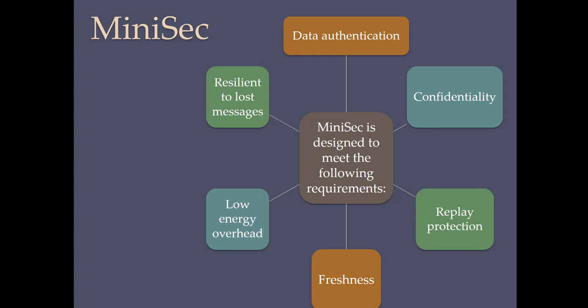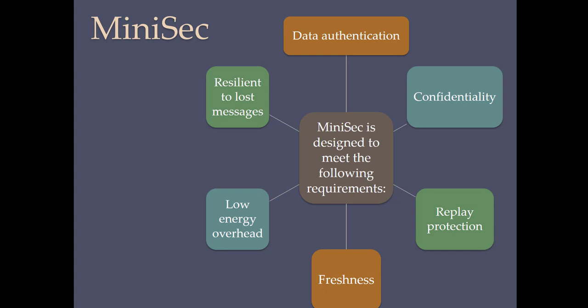Also, it provides freshness, making sure that they change some numbers, or as we saw in cellular networks, using a frame number or something like that, so that if someone captured a packet and tries to send it at a later time, some numbers will have changed, and this will be known by the IoT device from its operating system, which is implementing MiniSec, right?